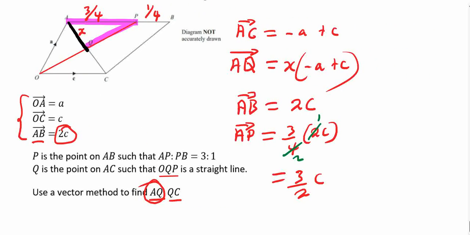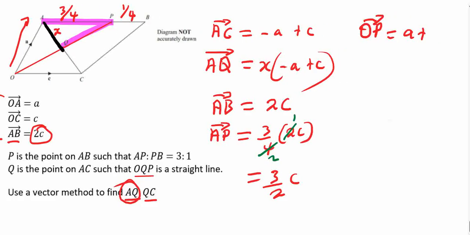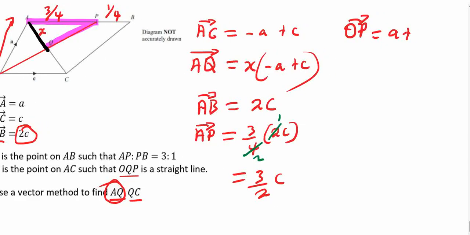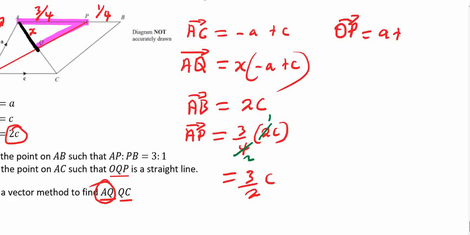OP is equal to OA plus AP. So OA is A, plus AP, which is a fraction of AB, which is 3 over 2C. So this will be A plus 3 over 2C.